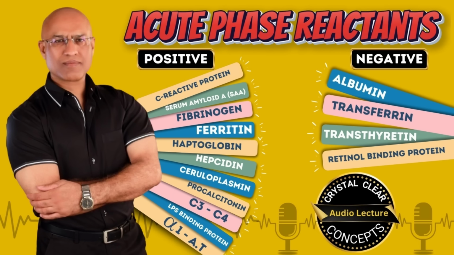First of all, if you want to remember only one positive acute phase reactant, please never ever forget C-reactive protein, right? Now, what is C-reactive protein doing? It must be doing some benefit in such a stressful situation. Actually, C-reactive protein acts as an opsonin. C-reactive protein binds with certain molecules on bacteria and also with certain molecules on our injured tissues.